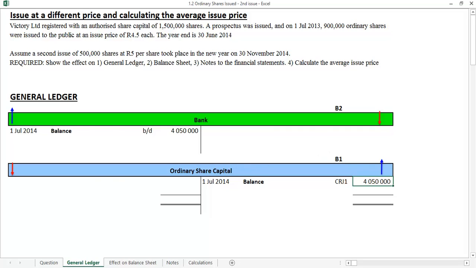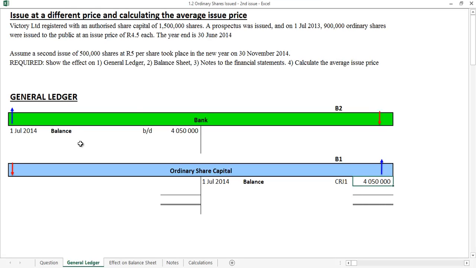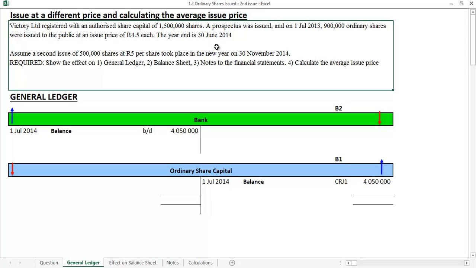Just quickly our timeline, just so that we know what's going on here. If we go back to the information, we can see that the year end is on 30 June 2014, and our first issue was done on the 1st of July 2013. So here's 1 July 2013. There we go.